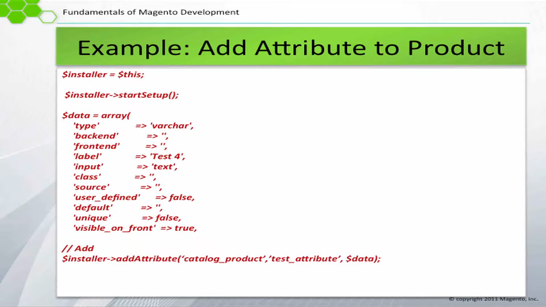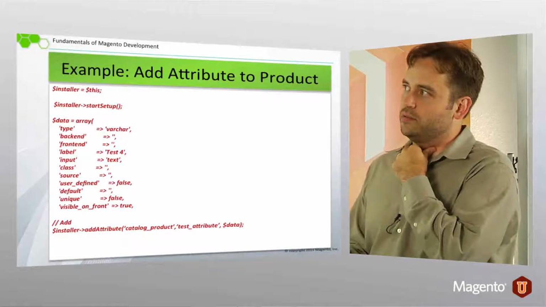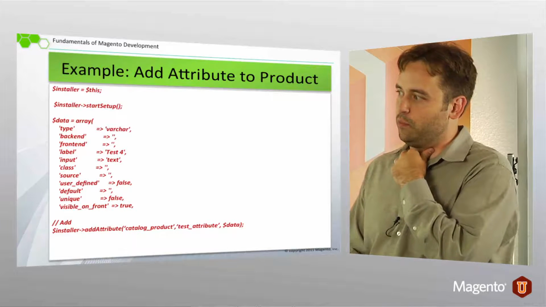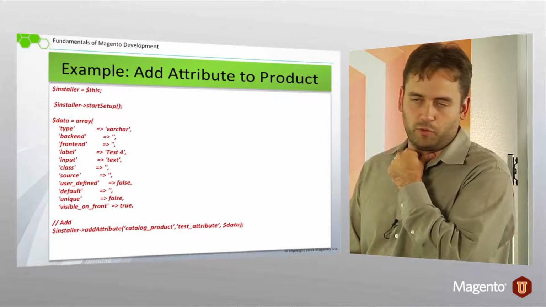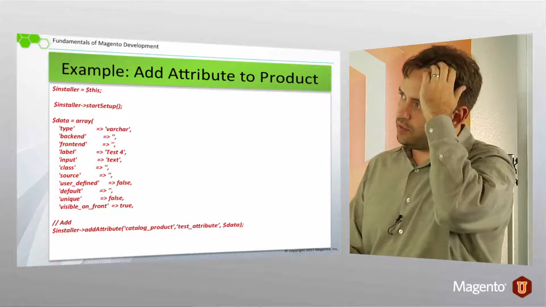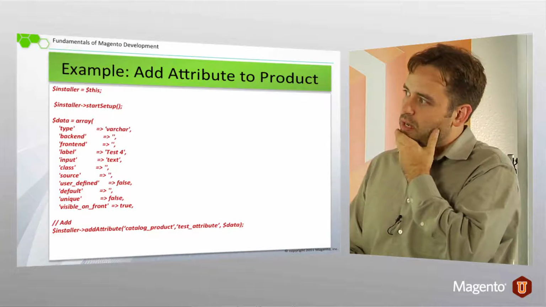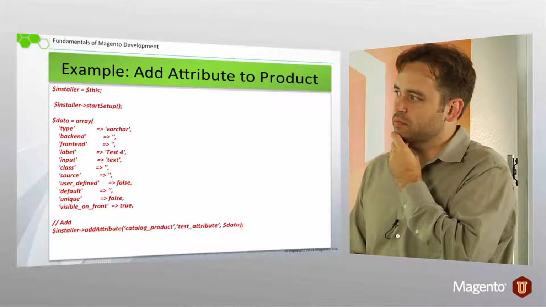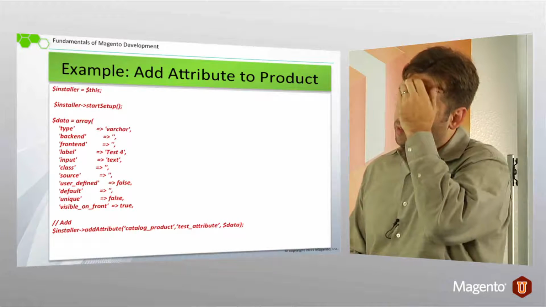So add attribute to product. Here we go. This would be an upgrade script or an install script. The installer was this, so we alias again. Installer start setup, and then to keep this nice and readable, we're building out our array. So type varchar. We're leaving these out. Specifying a label, an input type, and we're not using any kind of custom source models.